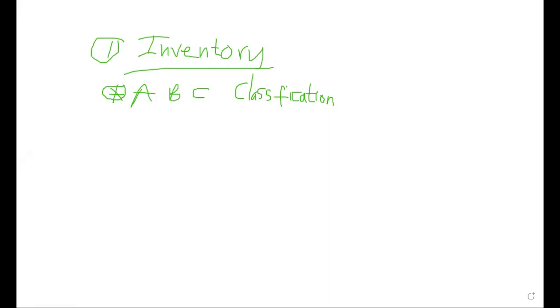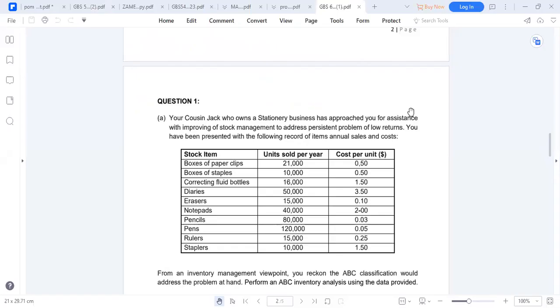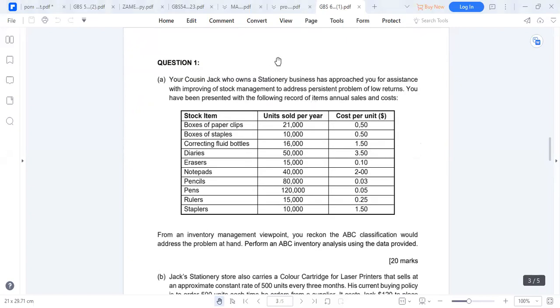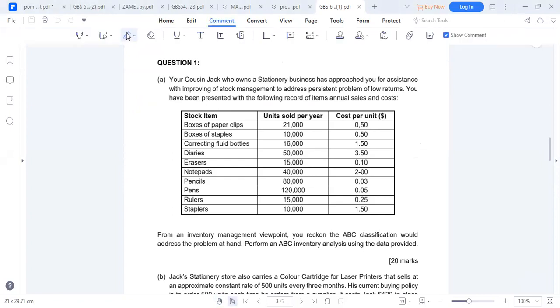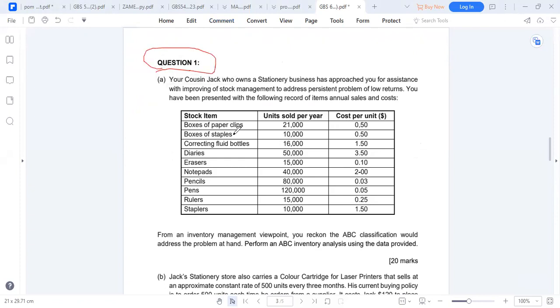Now, before getting down to the ABC classification, we have first of all to look at the item component. Your cousin Jack, who owns a stationery business, has approached you for assistance with improving stock management to address persistent problems of low returns.